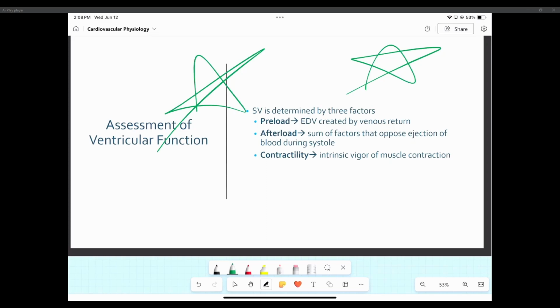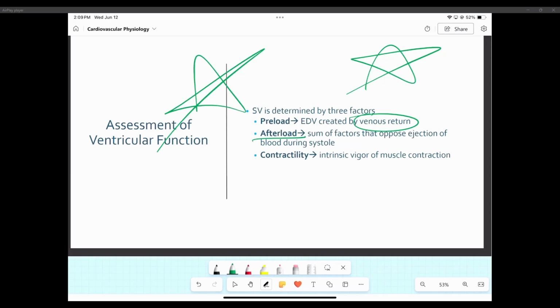That's a preload. You are preloading your muscle. Your end diastolic volume is determined by your venous return, the blood coming back to the heart. Venous return will determine your preload. What is in the heart right before it squeezes? That is preload, also known as end diastolic volume.